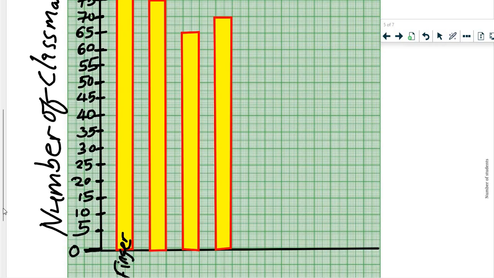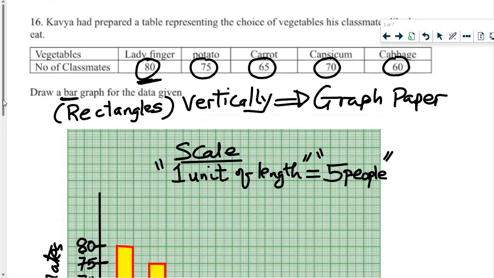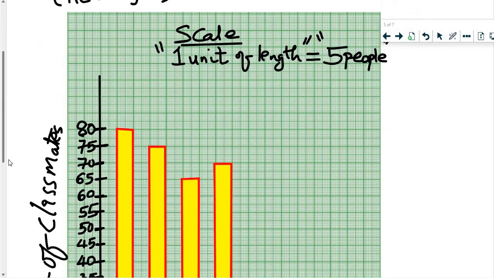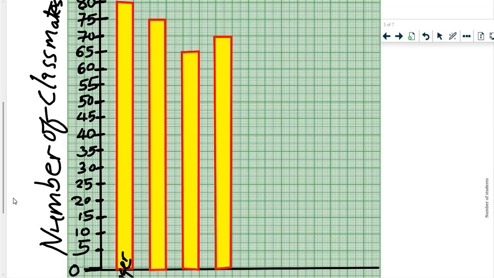All right? Then, the next part is 60, the last part, 60. Leave a gap of one box from here, go up to 60, then go this way, and then close.